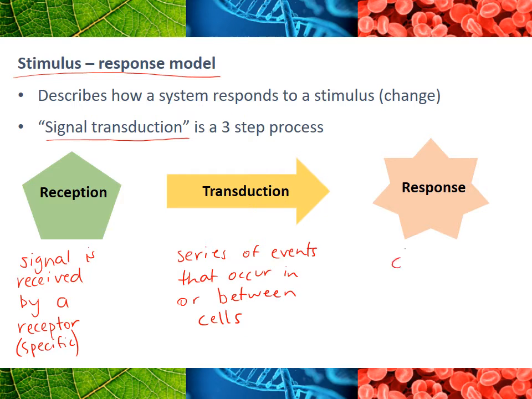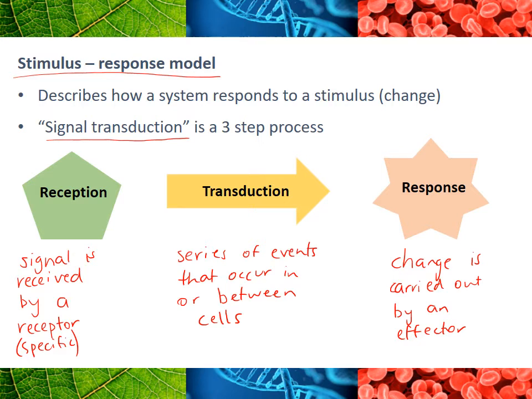This is when a change is carried out by an effector. If you think about that word, effect, you have cause and effect. So the change is carried out by an effector.